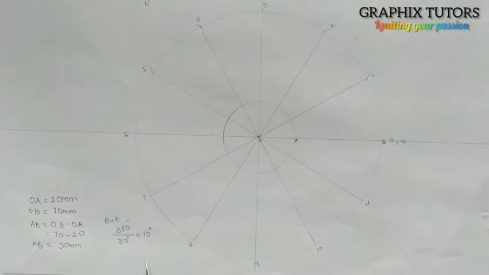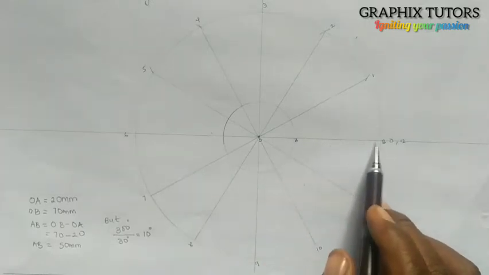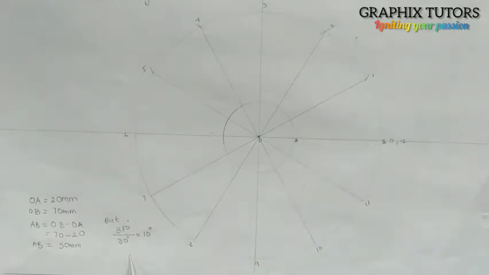Now if I divide this 50 by 10, I'm going to have the distance I'm going to divide each of line AB. So when you say 50 divided by 10, our division will now be 50 all over 10, and that will give us what?